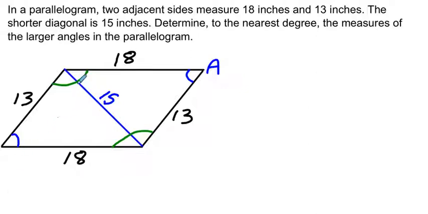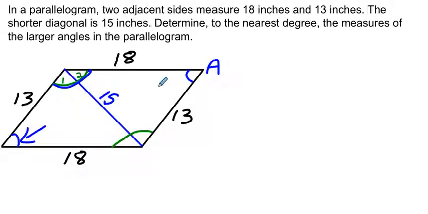Well, again, we can do it a couple different ways. If the larger angles are, we'd have to find out two things. We have to find out that, and then we have to find out that. So we'd have to do two different things and add them together, and we get our answer. Now, the other thing that we know about parallelograms is that this angle is supplementary with this angle, which means they have to add up to give you 180.